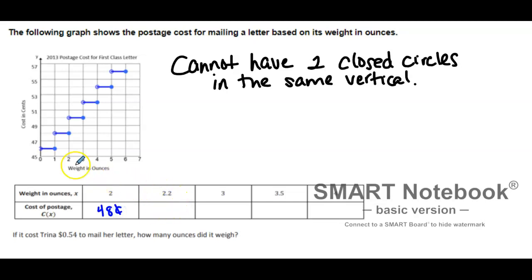For 2.2, 2.2 falls between 2 and 3, and it is falling on that line, so that's representing 50 cents. For 3 ounces, we find that 3 ounces would cost 50 cents.